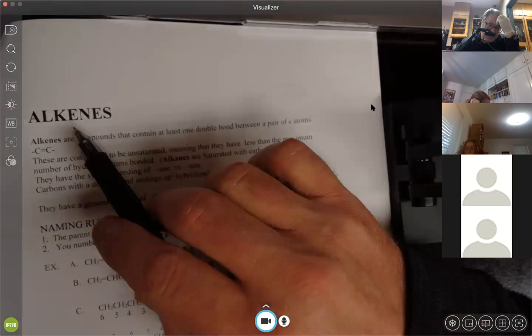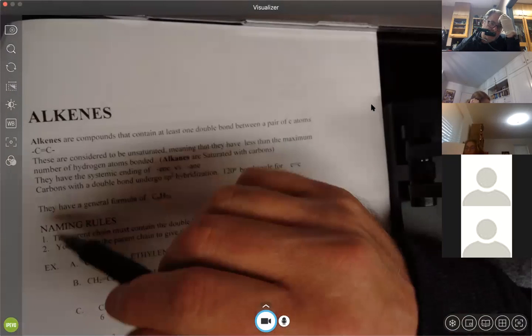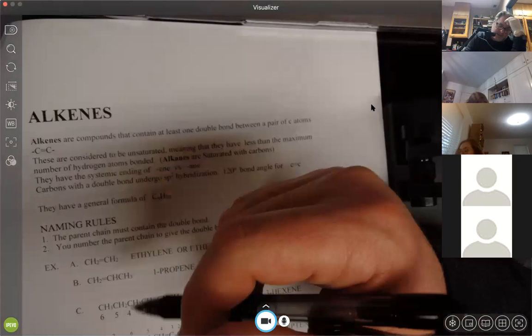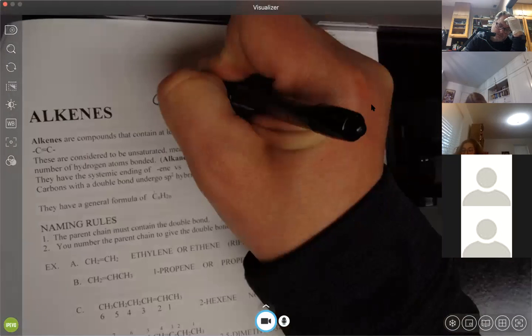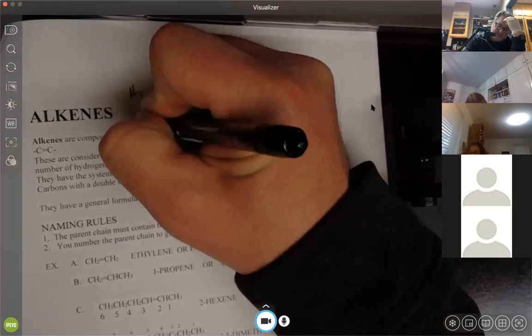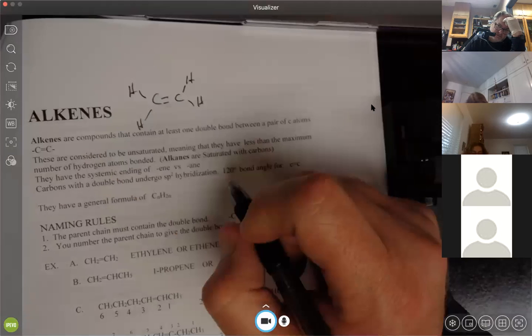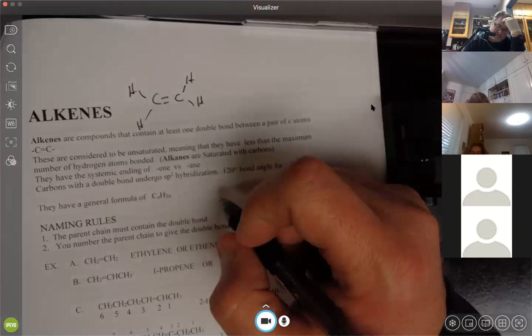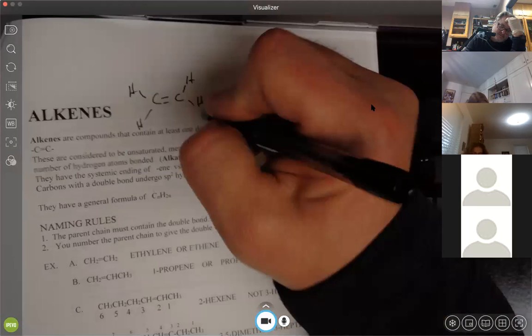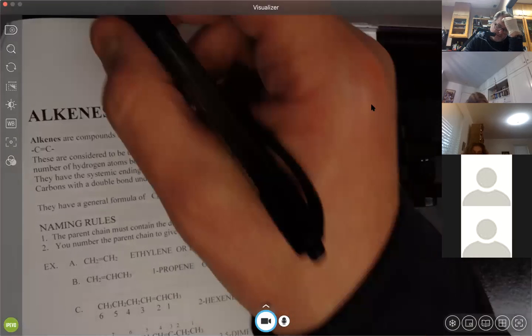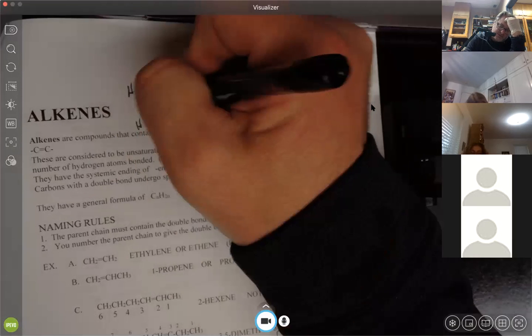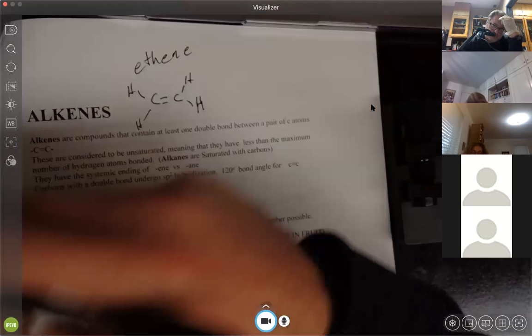So instead of calling, if it were ethane, if it were an alkene, what hybridization are these carbons undergoing? SP2. Yep. Instead of calling this ethane, we would call this ethene.